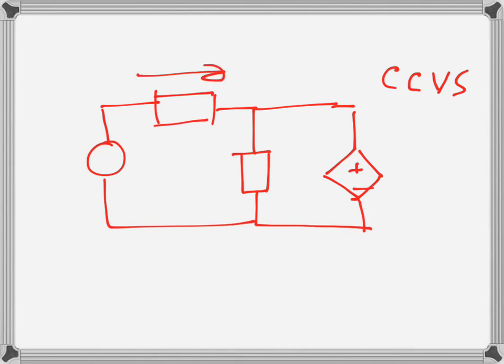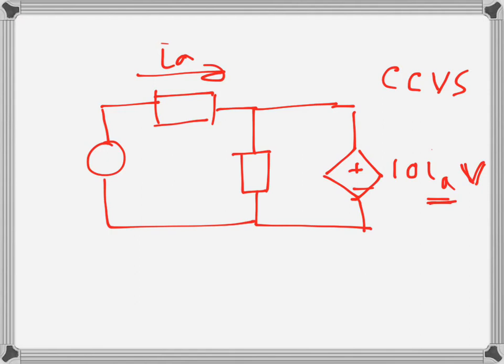Let's say the current in this branch is IA. So the value of the voltage source can be 10 IA volts. It has an IA here because IA is the controlling current, but it's still a voltage source. That's a current controlled voltage source.